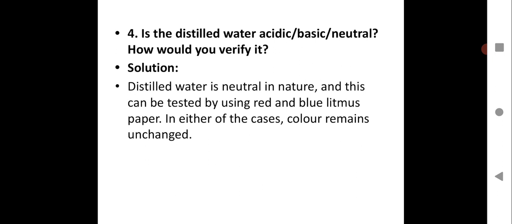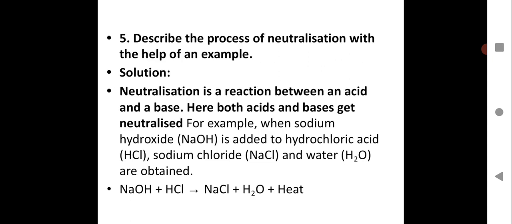This can be tested by using red and blue litmus paper. In either case, the color remains unchanged. That shows very clearly distilled water is neutral in nature, because it is not showing any color change in red litmus paper or in blue litmus paper. I hope this concept is very clear.